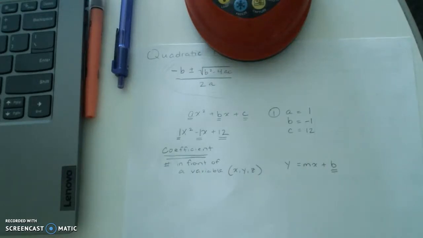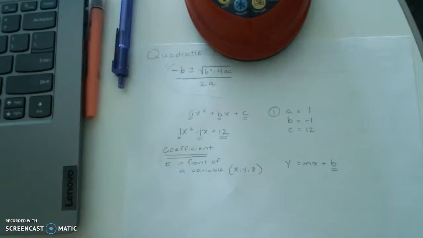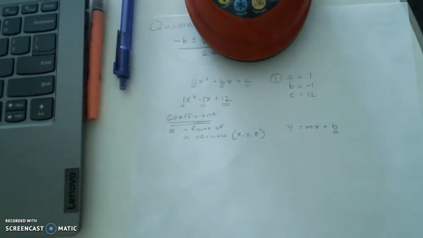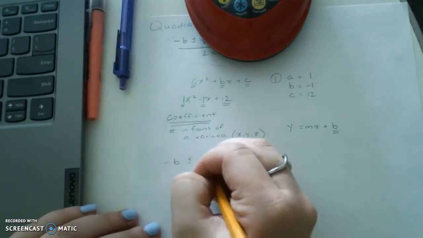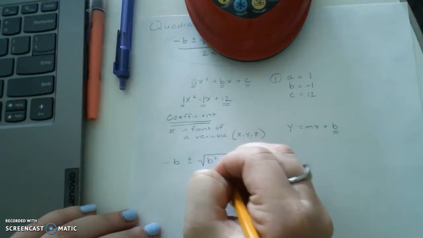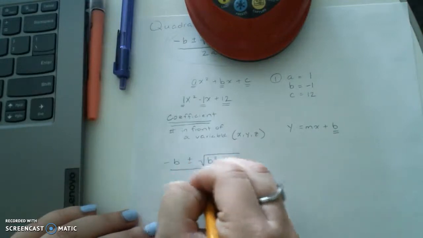Once we identify what our coefficients are, what our A, B, and C are, we can use the quadratic formula. Now, like I mentioned in class, factoring is something that we can't rush through, and using the quadratic formula is something that we can't rush through, because if we rush, we're going to end up making small mistakes, and why rush when you could just do it right the first time? So, negative b plus or minus the square root of b squared minus 4ac all over 2a.